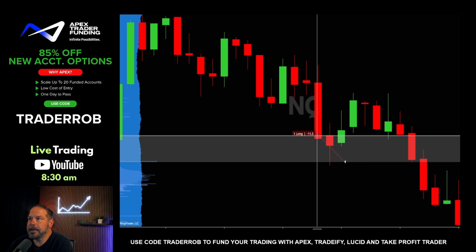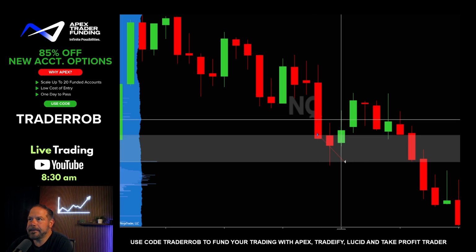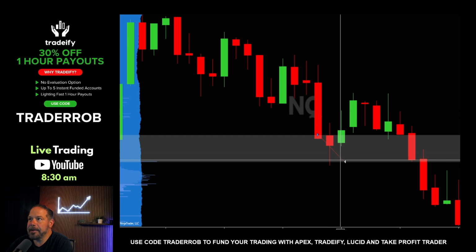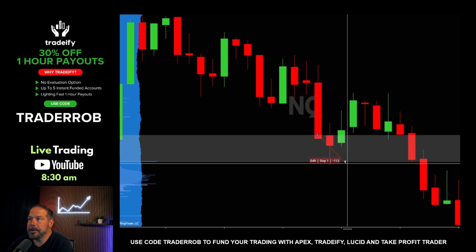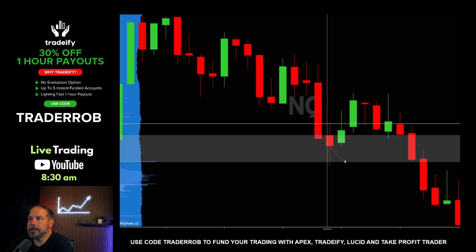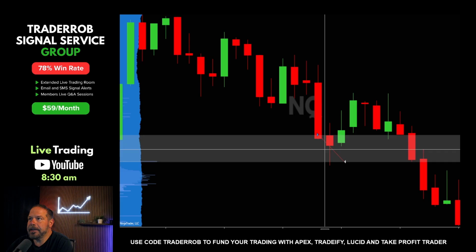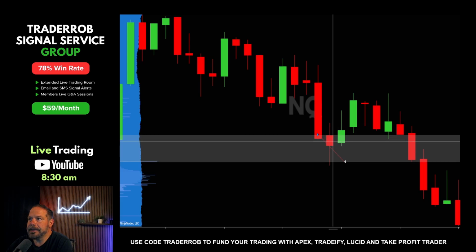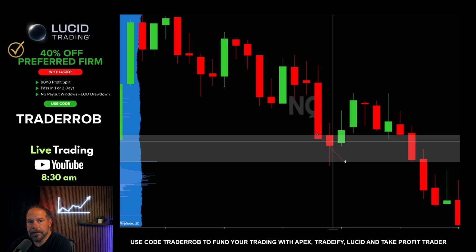I was targeting 10 points, I believe, to the long side, and my stop was actually 10 points, even though it says 11.5. What happened here was I trade my leader accounts on the NQ, and all my followers are trading on the micros. This morning I have segmented groups, so in total I trade 20 PA accounts with Apex.